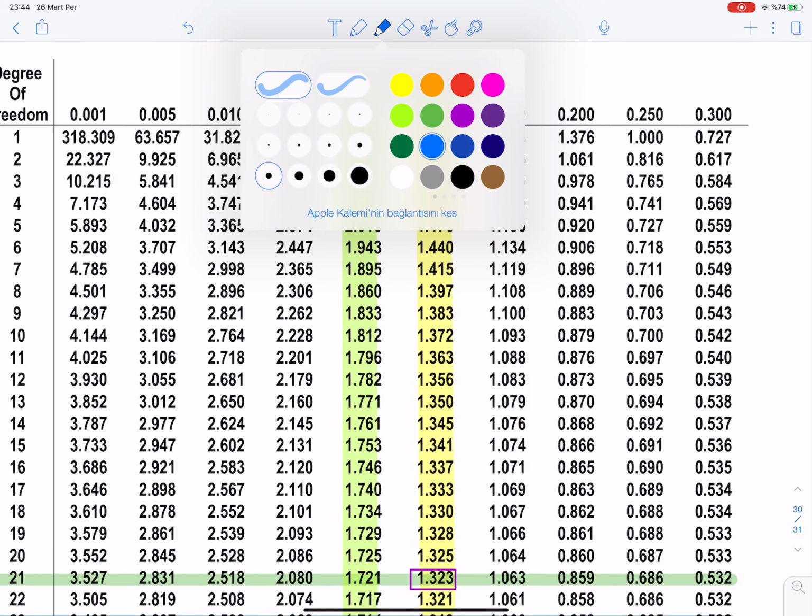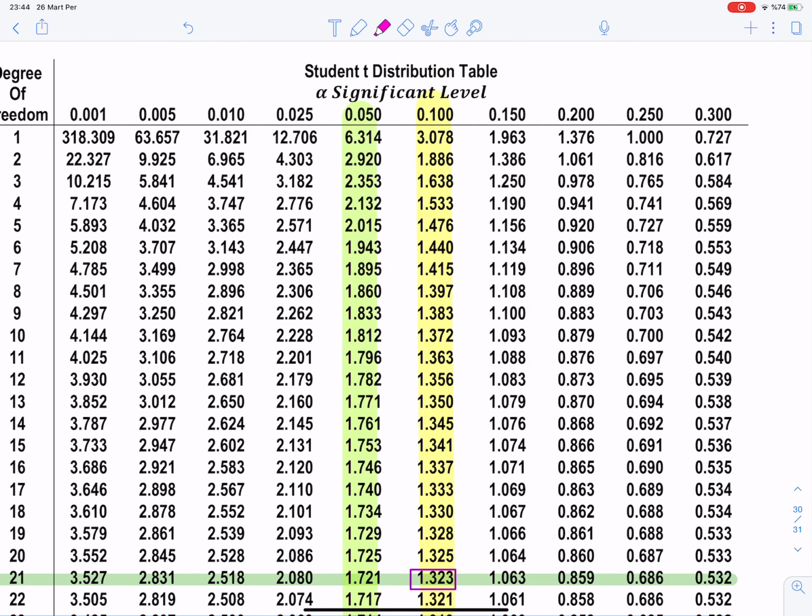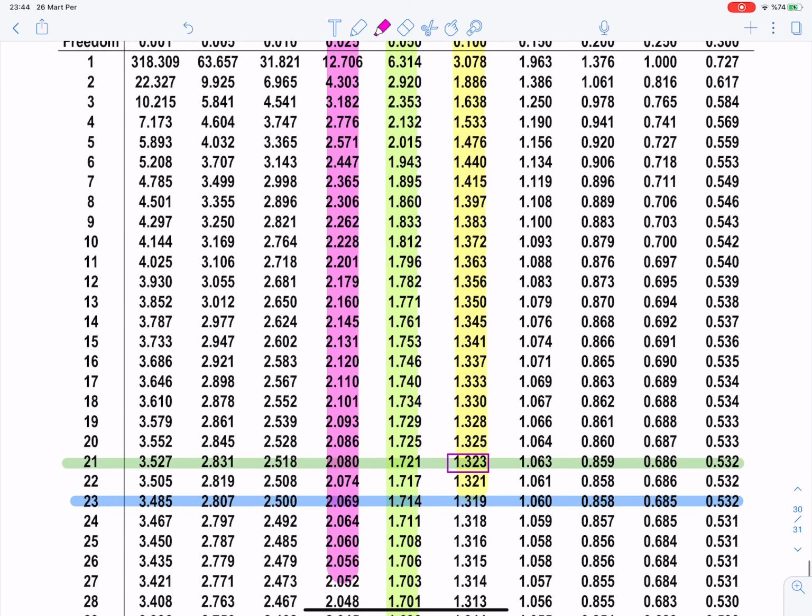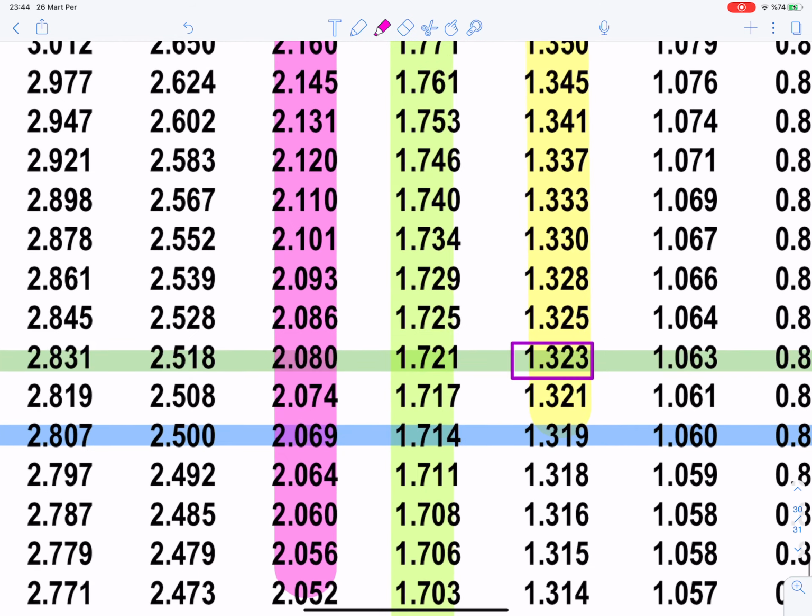So let me pick another color, another pink as well. This is the column I'm interested in. So that's the value I'm interested in.